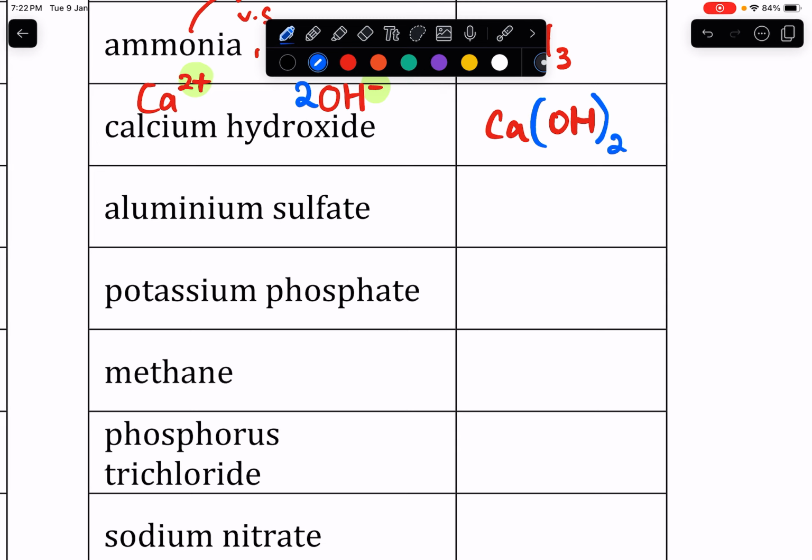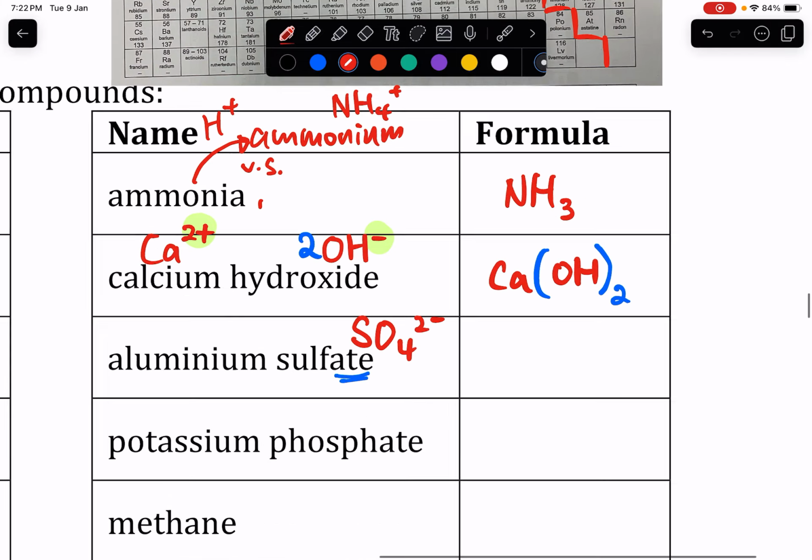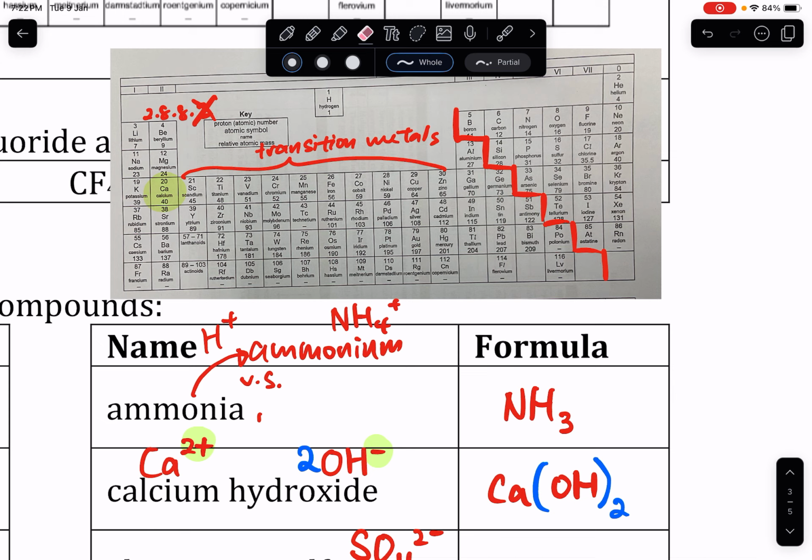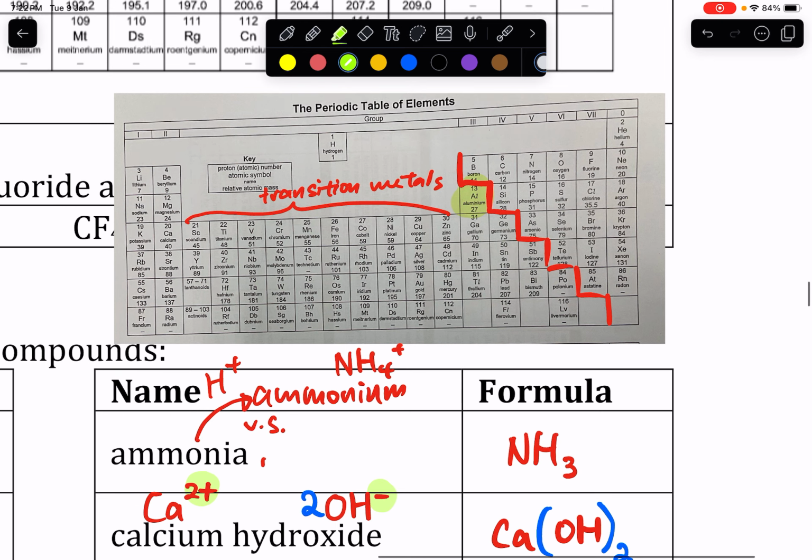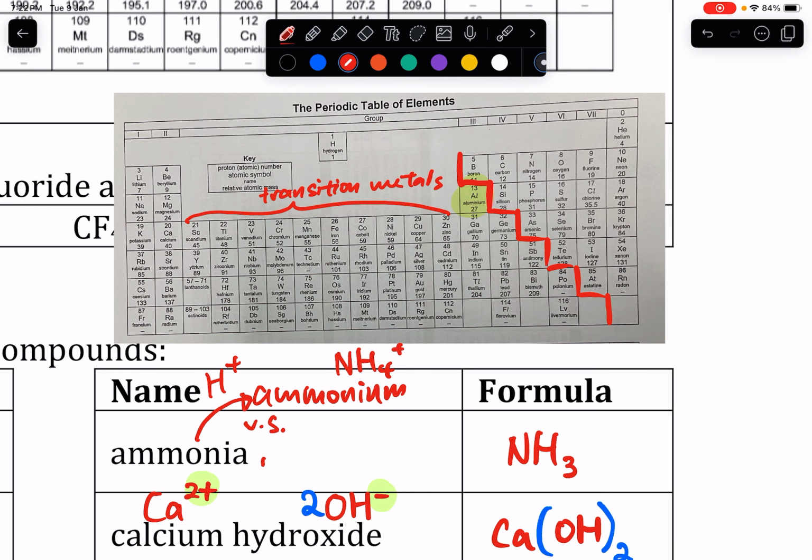Aluminium sulfate. Now this time we know that it is ATE, hence it is the polyatomic ion SO4 2 minus, to be memorized. Whereas aluminium is over here, in group 3, and hence it has 3 valence electrons, 2,8,3. How does it obtain noble gas configuration? It must lose 3 valence electrons.